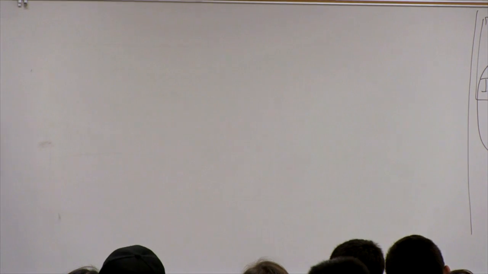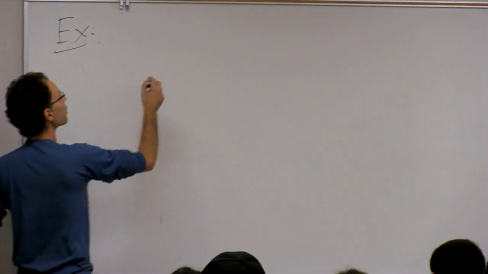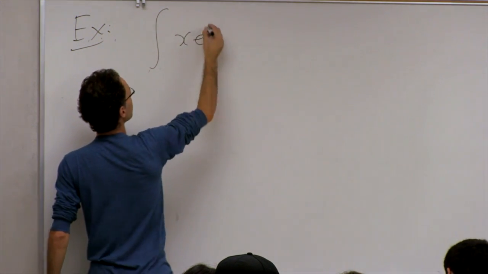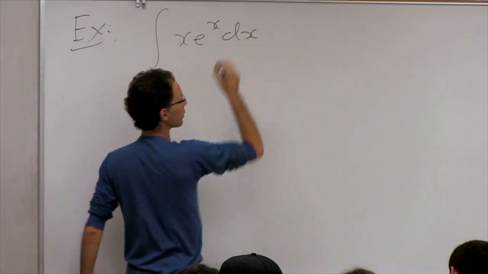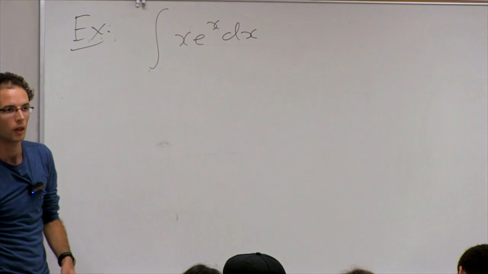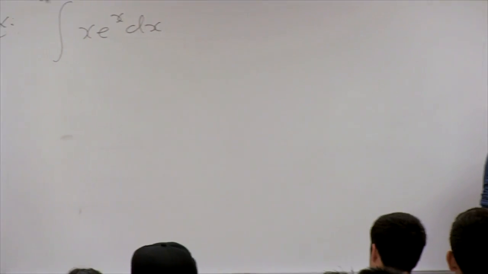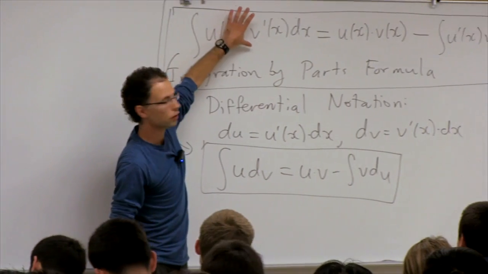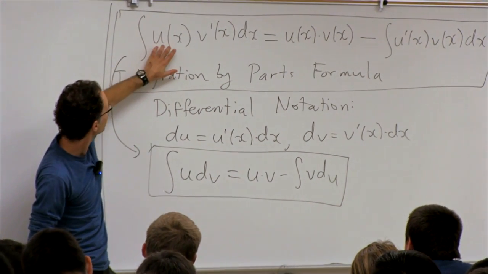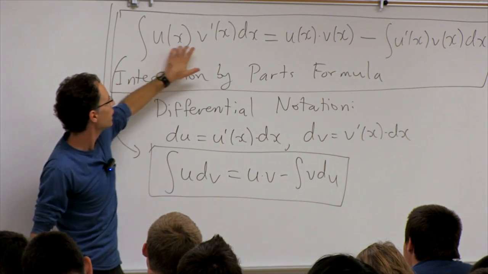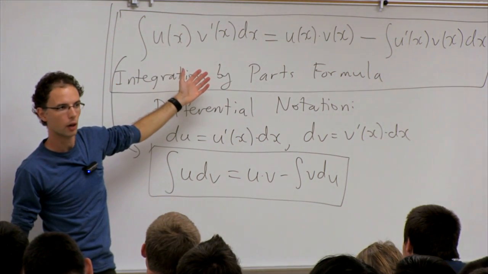So let me give a first example. This is a prototypical example. It would be compute an integral like x e to the x dx. Okay. So to understand this formula here, what we're going to do usually is when we look at the top one, because everything's spelled out there, is we have some integral like this one here, and we want to first assign what u and v prime are.